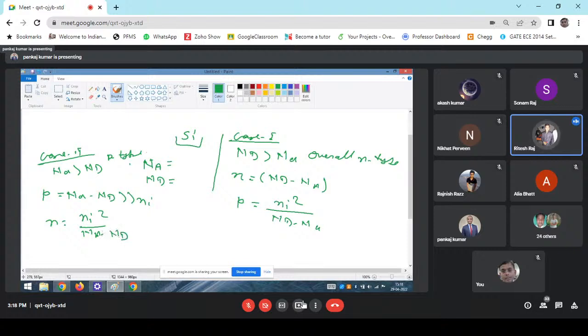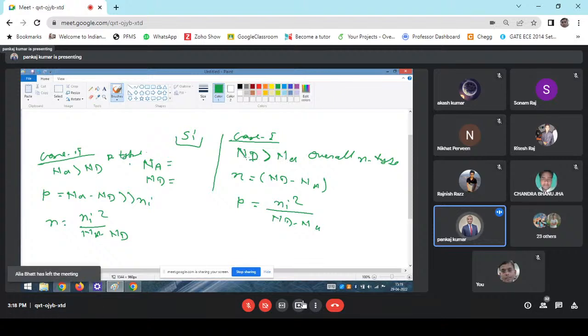Then we can say that n is equal to Nd minus Na, or p is equal to ni square upon Nd minus Na. Once one is much greater, there is a clear difference, but once they are approximately the same, we can't say which type it will be. For that there is a different formula. Okay, thank you.